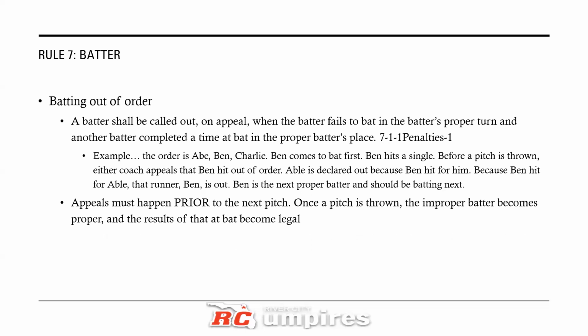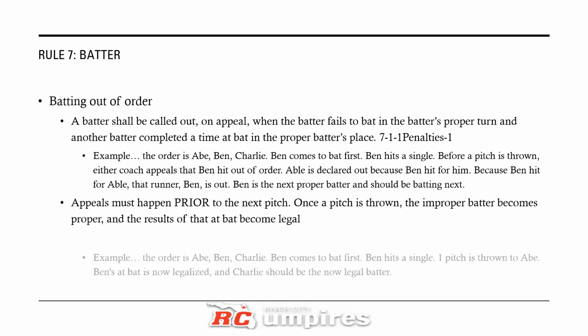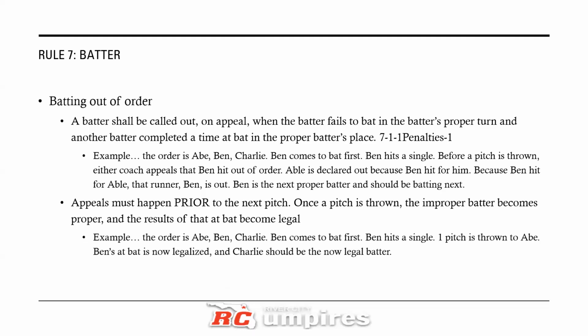Appeals must happen prior to the next pitch. Once a pitch is thrown, the improper batter becomes proper and the results of that at-bat are legal. Here's an example. The order is still Abe, Ben, Charlie. Ben hits in Abe's spot. Ben hits a single. One pitch is thrown to Abe, who comes up next.